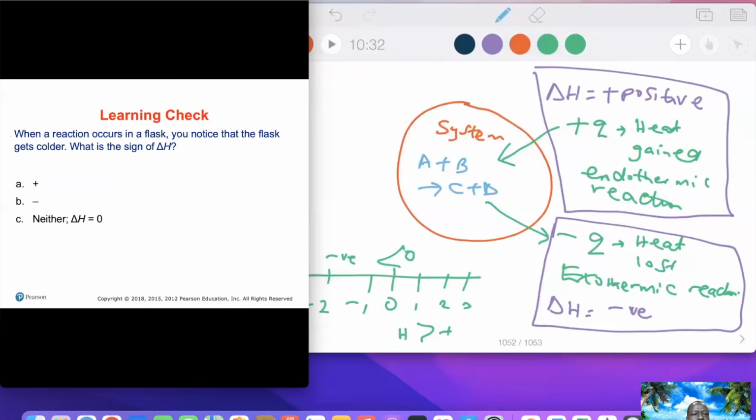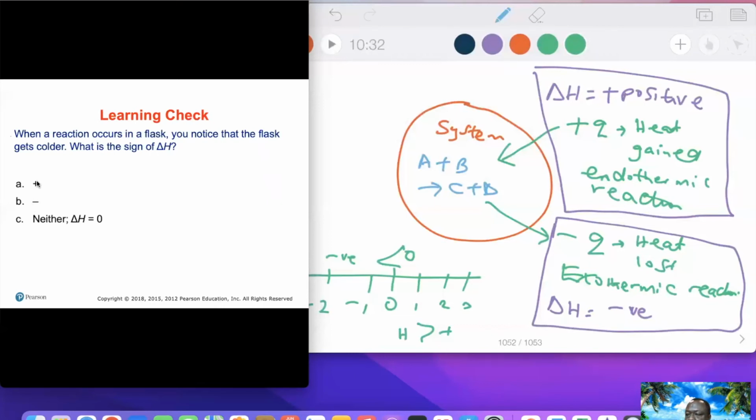Let's see a learning check here. In a reaction in a flask, you notice that the flask gets cold. If this is my reaction flask and I hold it, it's getting cold. Do you expect the value for change in enthalpy of reaction to be positive or negative?